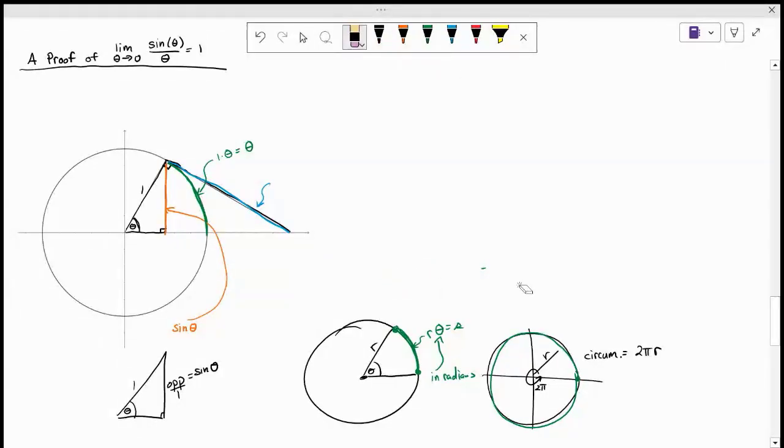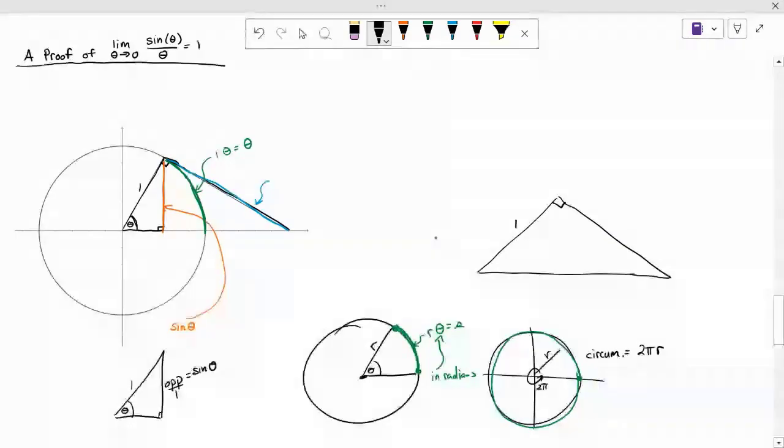Finally, we have another right triangle where this side is length 1.